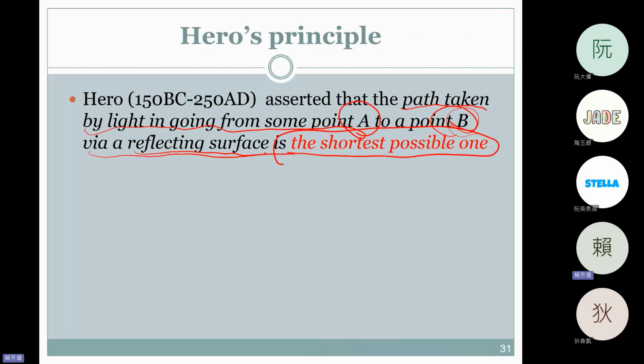To go from A, reflect by the interface, so go to B should be what?